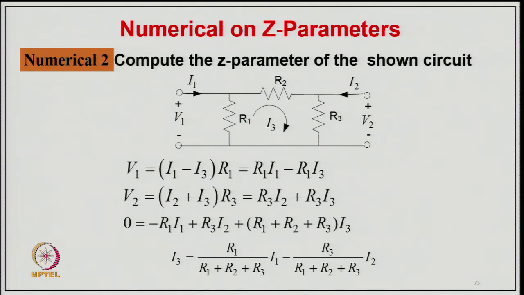And the third loop equation will be equal to 0, that will be R1I1 plus R3I2 plus (R1 plus R2 plus R3) I3, as the I3 current is flowing through all three.